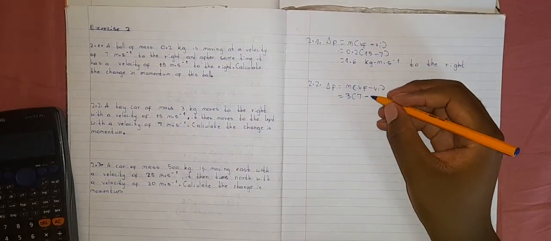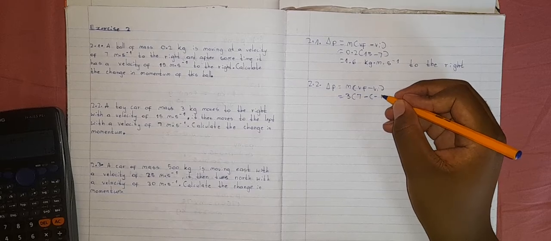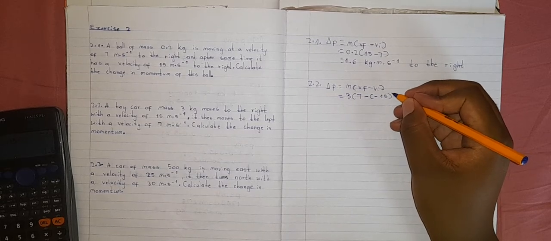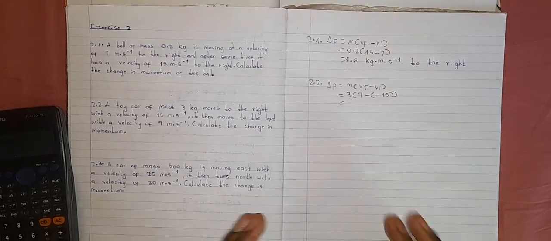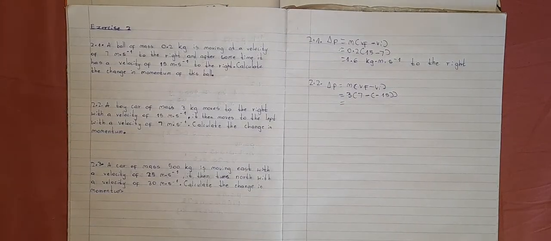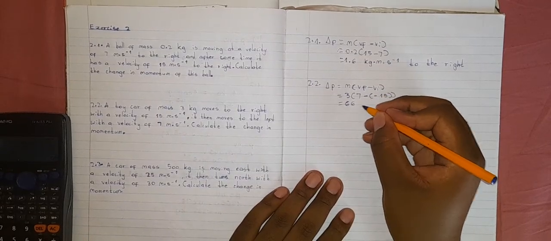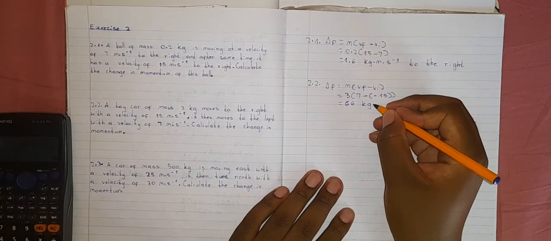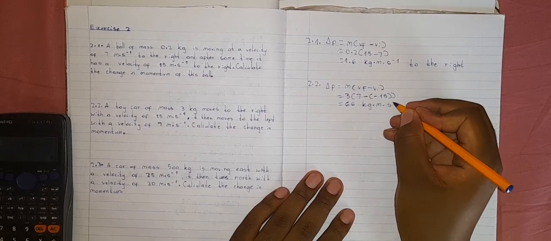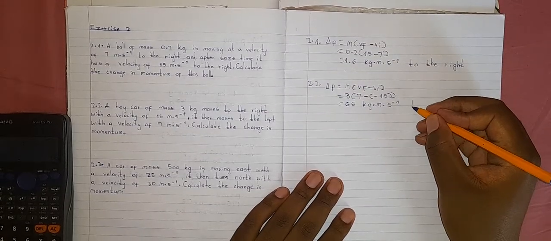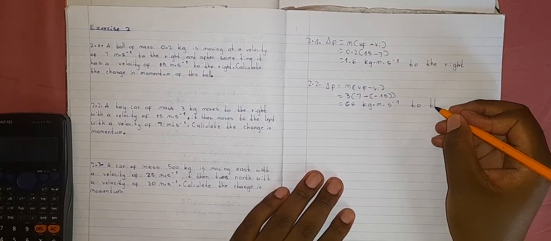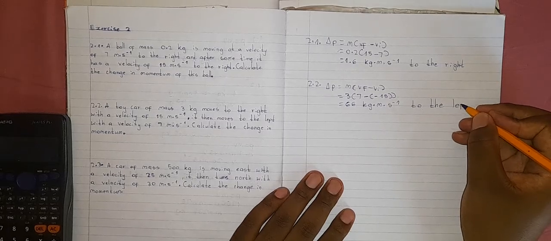So I'm going to say 7 minus negative 15. Do not mess up this direction. So it's 3 into 7 minus negative 15. I get a momentum of 66 kg per meter per second to the left, because I chose to the left as positive.